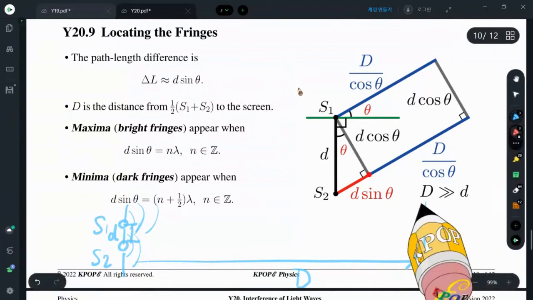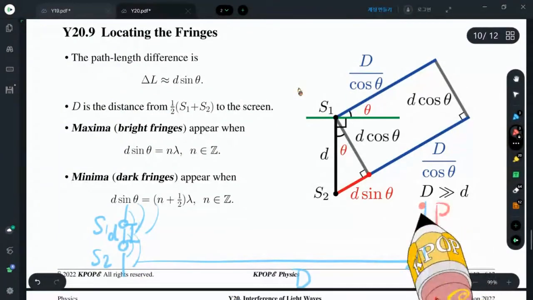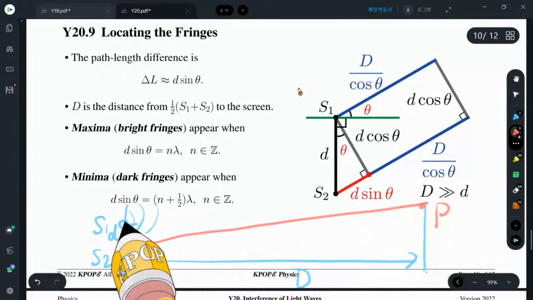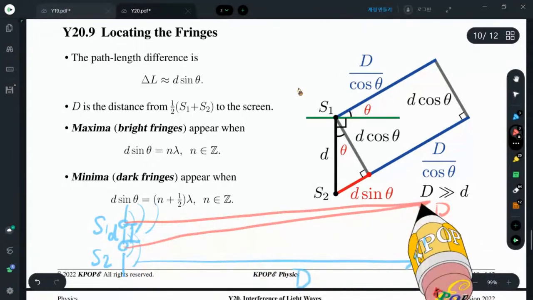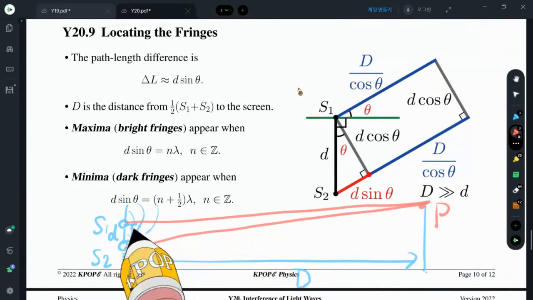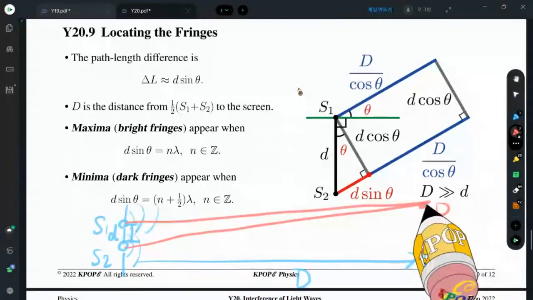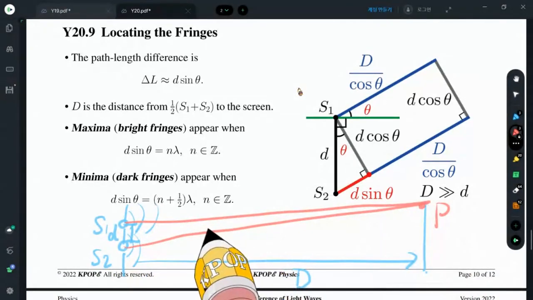If you put a point P in here and connect them, because it is very far away, we can draw the figure with exaggeration.